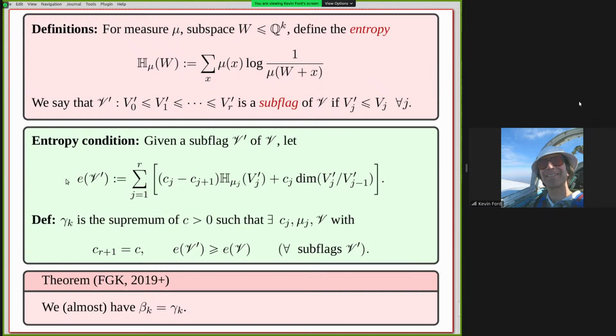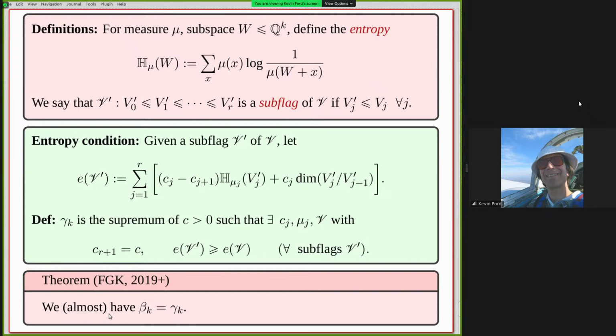If we define gamma k to be the supremum of all constants such that there exist thresholds, measures, and a subflag with the following property, where the lowest threshold is C, and we have this interesting entropy inequality, we call it: the E function at these subflags is always greater than or equal to the E function of our original flag.